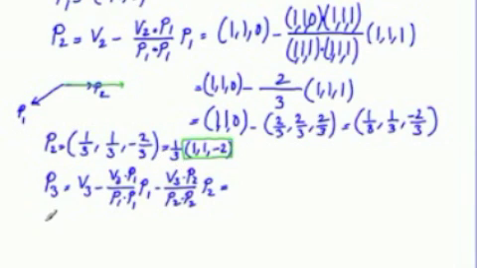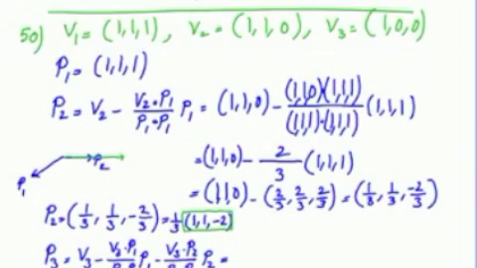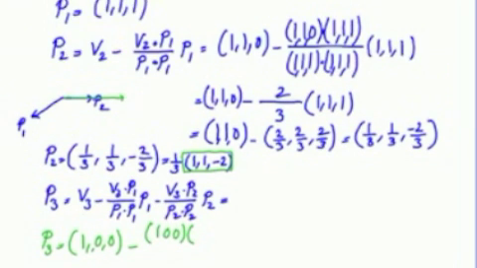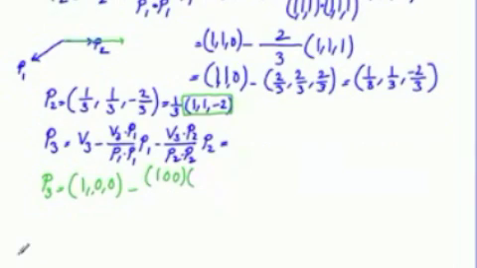So let's listen to that advice. Let's see if our life gets any better. P3 was 1 0 0 minus V3. So let's write 1 0 0 minus P1, 1 1 1, dotted with 1 1 1.